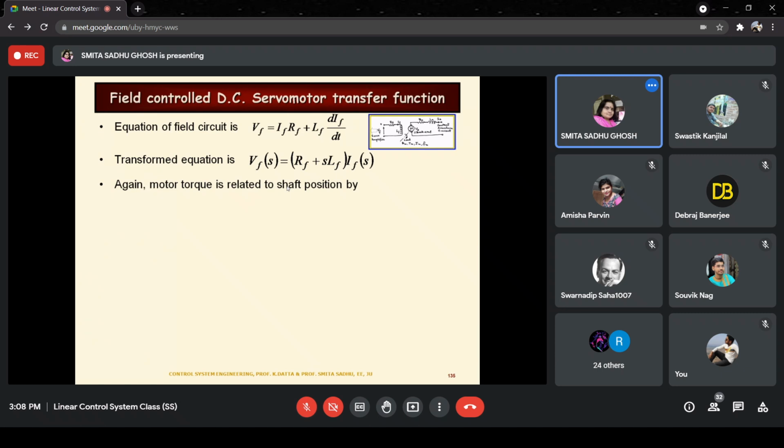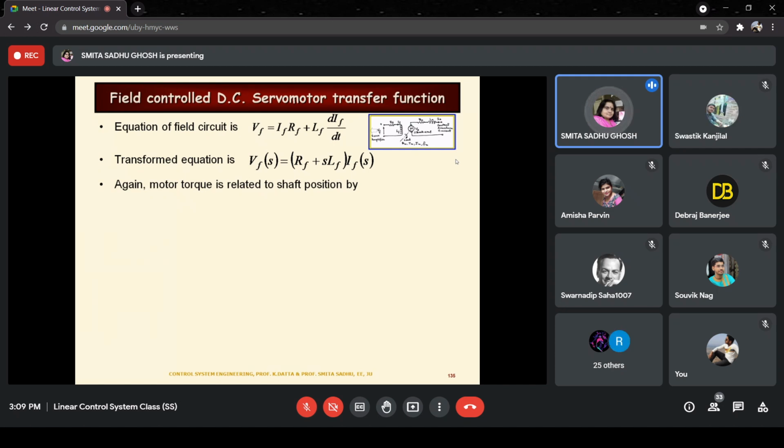It is proportional to theta dot, speed. But there is a distinct relation between the torque developed and your angular position or velocity, omega. You have the moment of inertia and viscous friction coefficient as well. That is the hint.